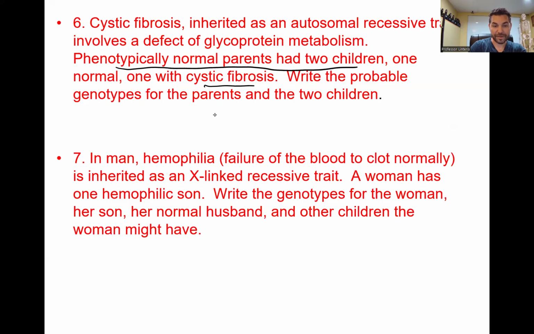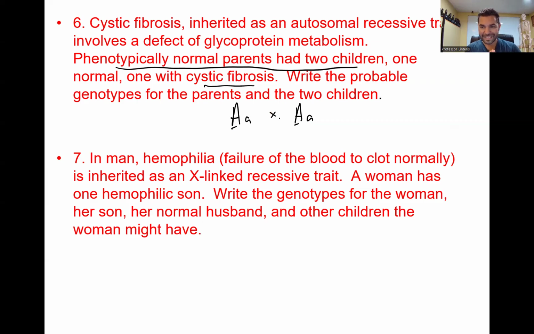Autosomal recessive. Phenotypically normal means that they have to have a big letter, but they have a kid with the disease. There's probably bad letters to choose. Let's do A. So you'd have a double heterozygous cross. Two phenotypically normal parents. They both have to have a big letter. Had two children. One was normal. Cool. One had the condition. Thus, they both must have a small letter. We do the Punnett square.